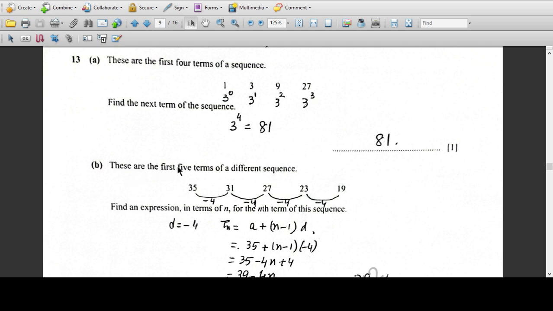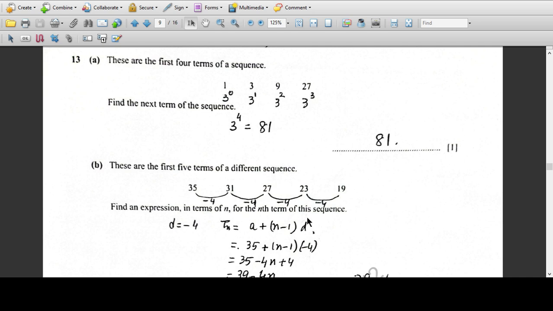These are the first 5 terms of a different sequence: 35, 31, 27, 23 and 19. We take the difference, which is always -4. So this is an arithmetic progression, and we find an expression for the nth term of this sequence. The nth term is written as a + (n - 1)d.